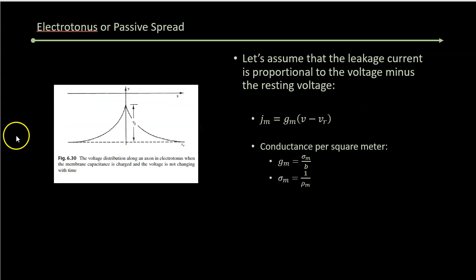And we look at that in terms of just passive spread. We've got a leakage current that's some conductance times the difference in voltages, and conductance per square meter is sigma m, your conductivity, over b, and sigma m is 1 over resistivity.